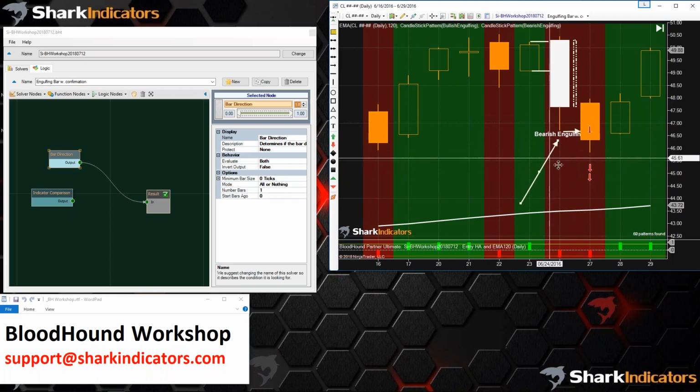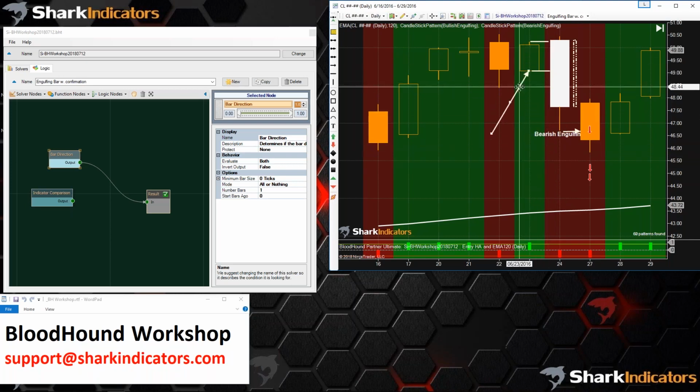So we have a short output on the engulfing bar, but on the previous bar, that's a long. So we need to convert this long output to a short output.